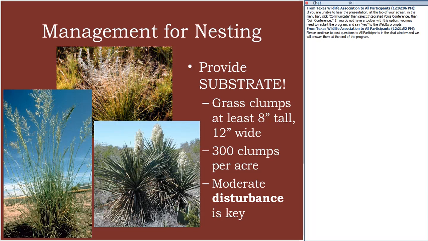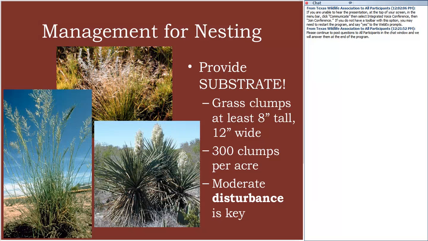Management for nesting centers primarily around providing the quail with adequate substrate. You want to give them a variety of nesting sites to choose from, and you want those nesting sites to be of high quality. And as we said, bunch grasses are a really popular type of substrate. So if you're trying to get or maintain bunch grasses on your property, the size that you should aim for is a clump that's at least, so minimum, 8 inches tall and 12 inches wide.